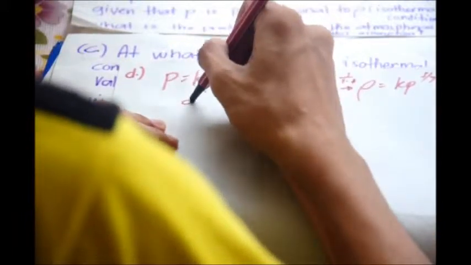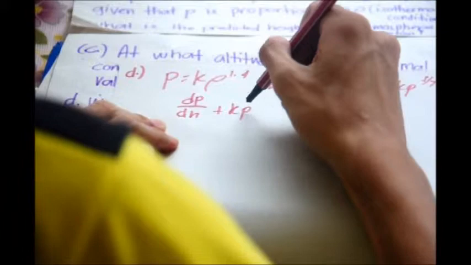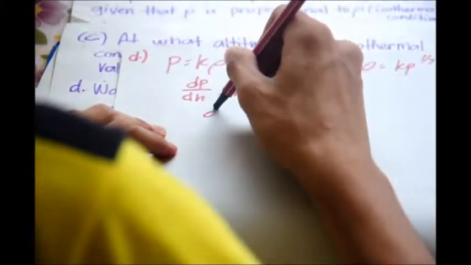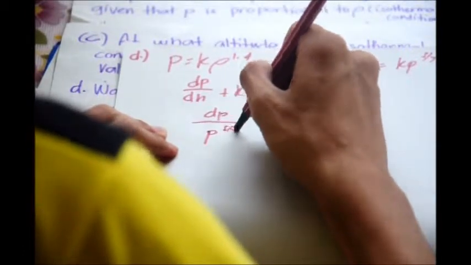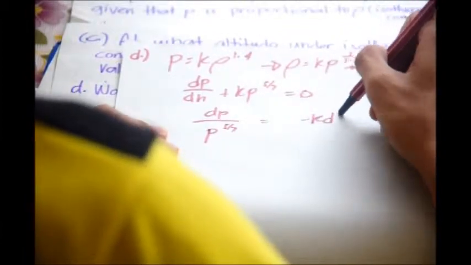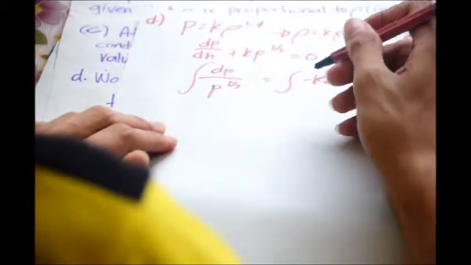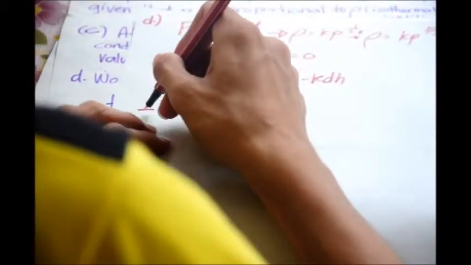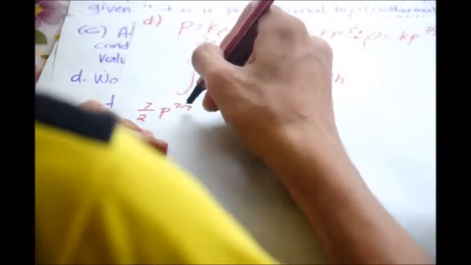Substituting the value of rho into dP over dH plus KP raised to 5/7 equals 0. Therefore, dP over P to the 5/7 will be negative K dH. Integrate that, we get 7/2 P to the 2/7.